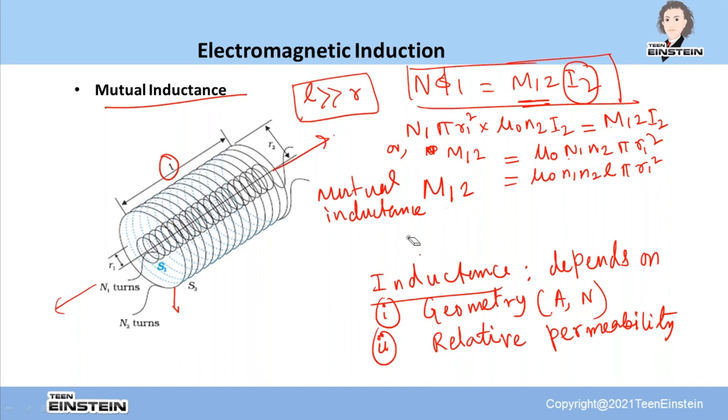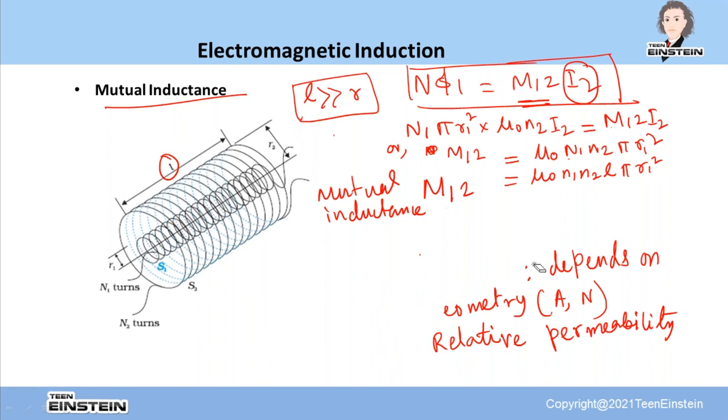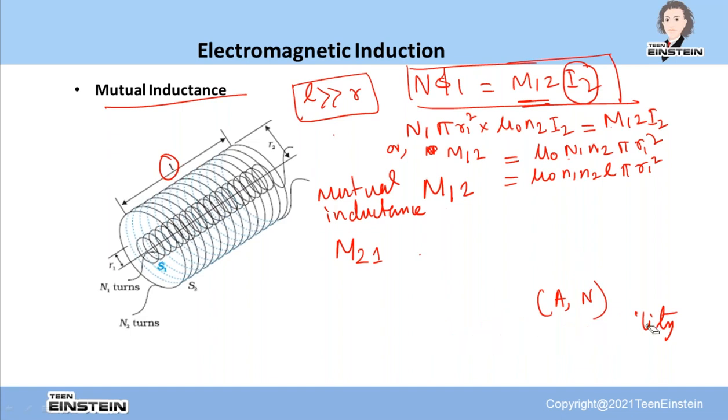All right. So we have got mutual inductance for solenoid 1 due to solenoid 2. But what is the value of mutual inductance of solenoid 2 due to 1? This we can calculate in the reverse way.